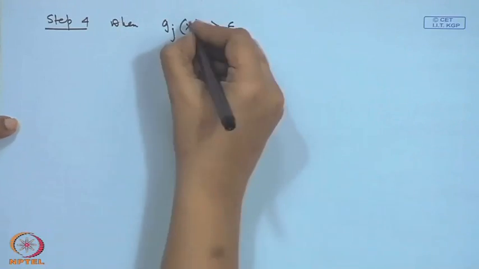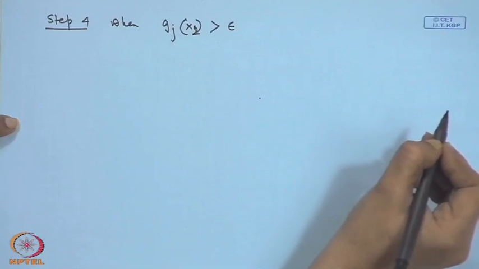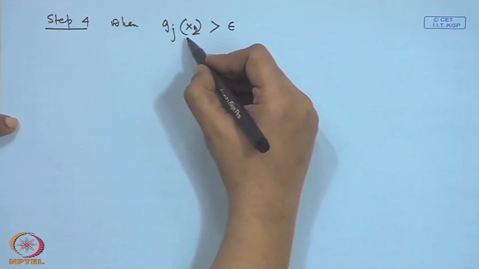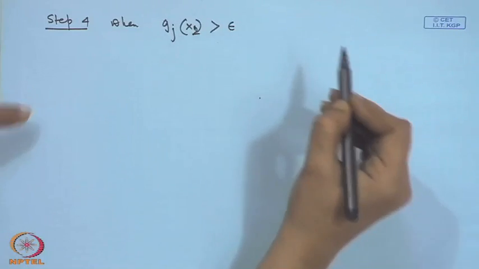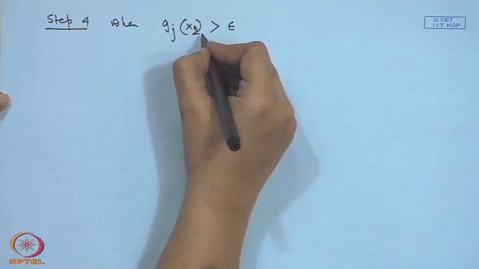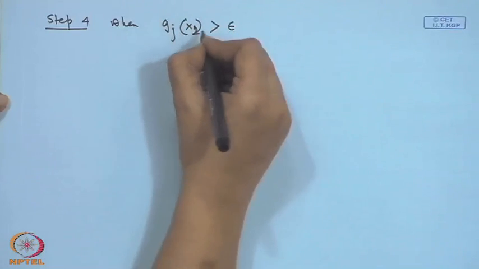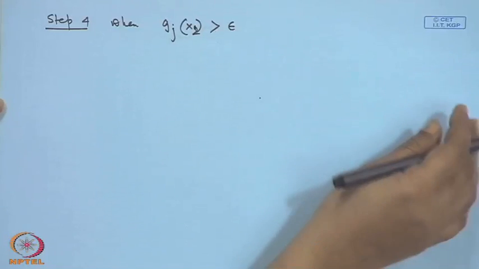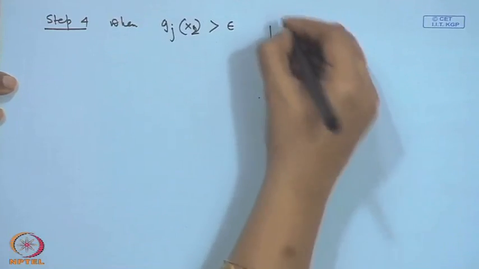We substitute x2 in all inequality constraints, and if it is satisfied, then G_j(x2) must be less than or equal to 0. But if for some j, G_j(x2) is greater than epsilon, then it cannot be considered the optimal solution. We can write down the other logic as well.